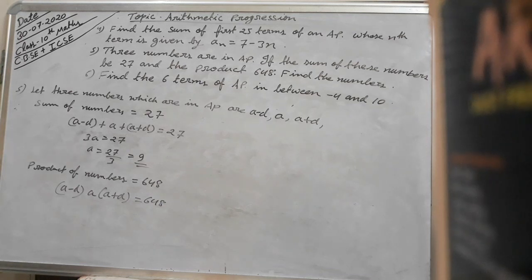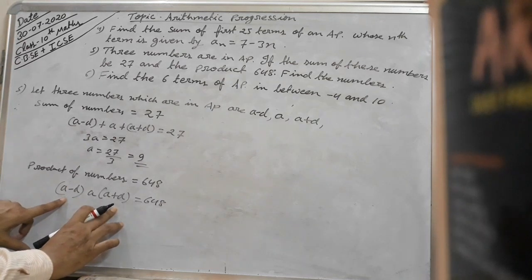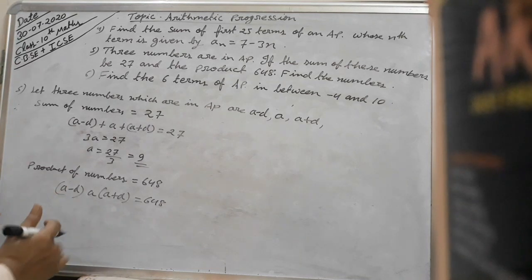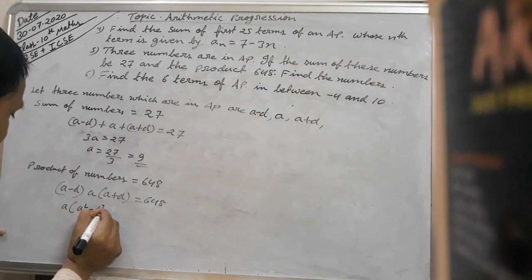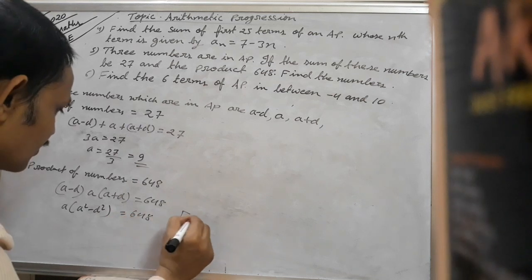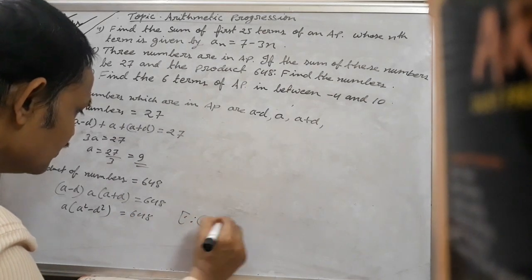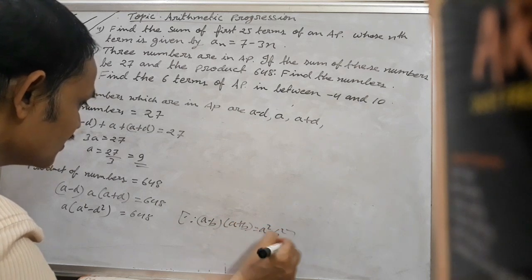Then multiply it. You know that A minus D into A plus D, what is the formula? A square minus D square. Means A square minus D square is equal to 648. Why? Because A minus B into A plus B is equal to A square minus B square.